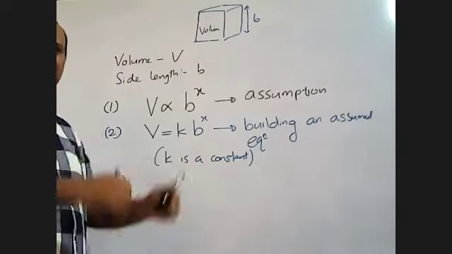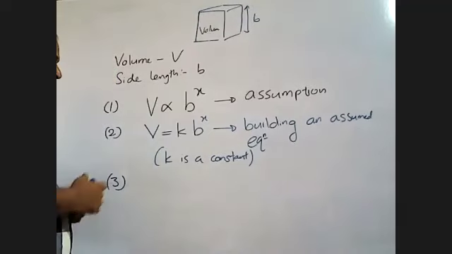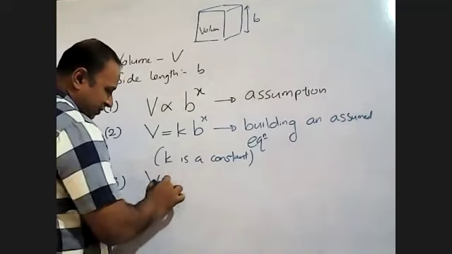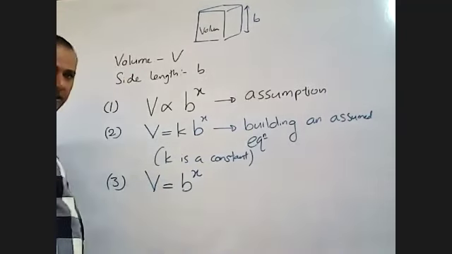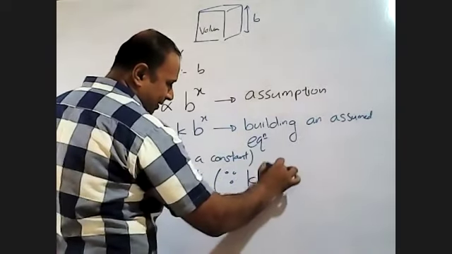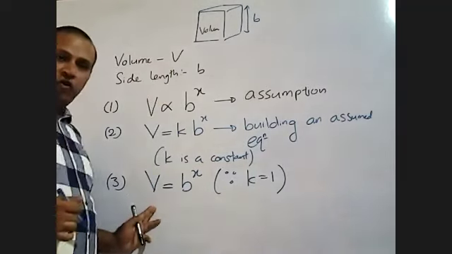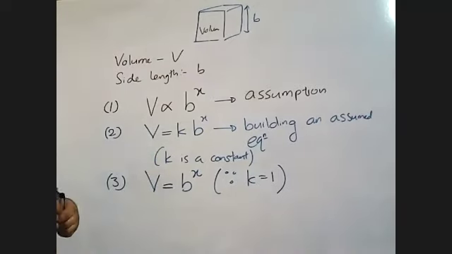Therefore, I can find the value of X. K is given, therefore I can write this as V = B to the power X, because K is equal to 1. Now this is volume. Now I am going to find the value of X.